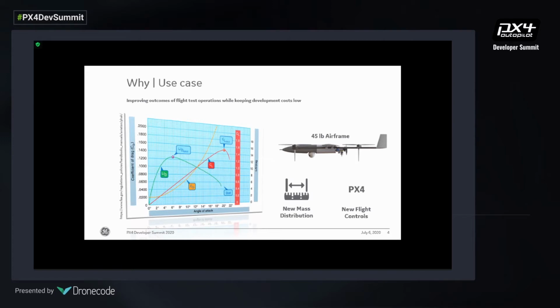Inherently, that adjusted the mass distribution of the airframe. We wanted to ensure the changes that we made on this large airframe weren't going to have adverse effects on the overarching performance. And obviously, if you're going to be flying a 45-pound airframe, this is not inexpensive, and it carries a significant risk from an overarching operational perspective.